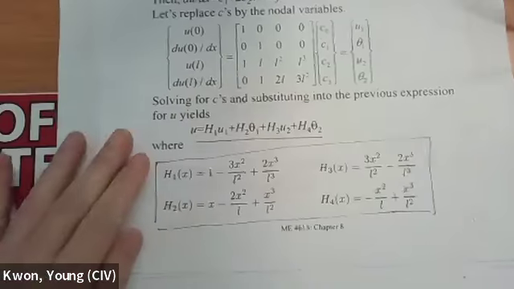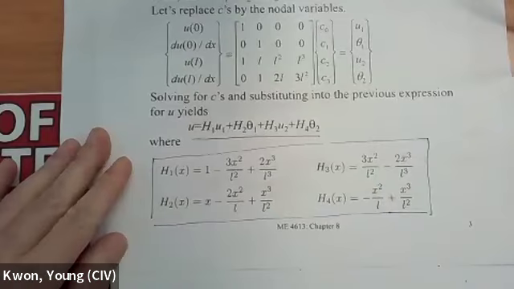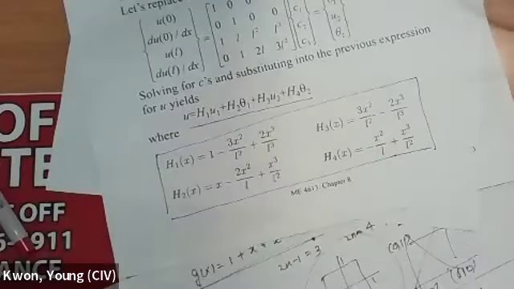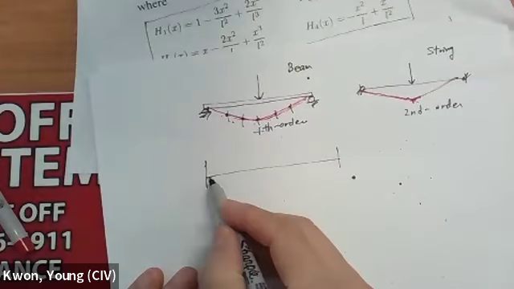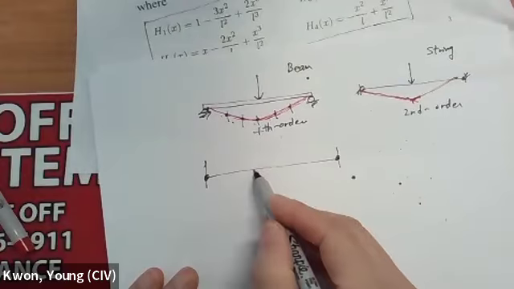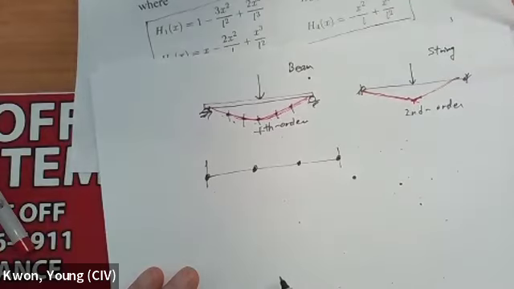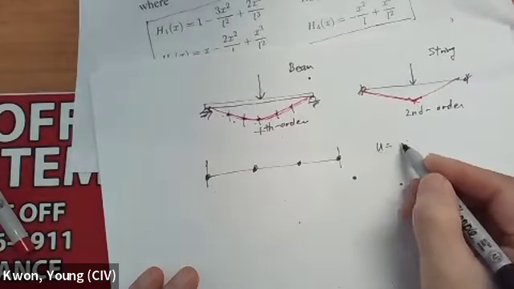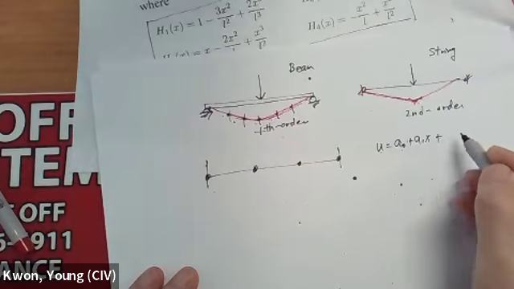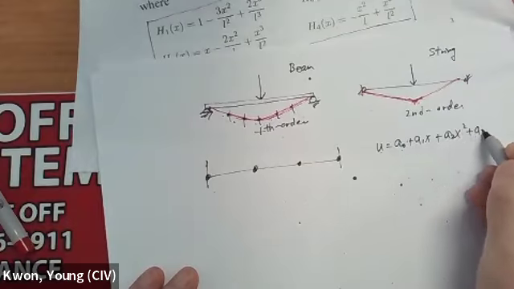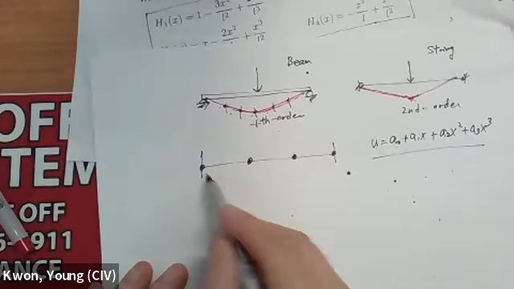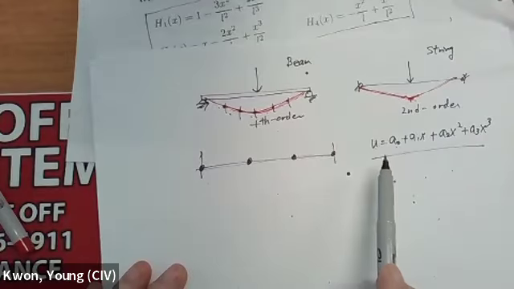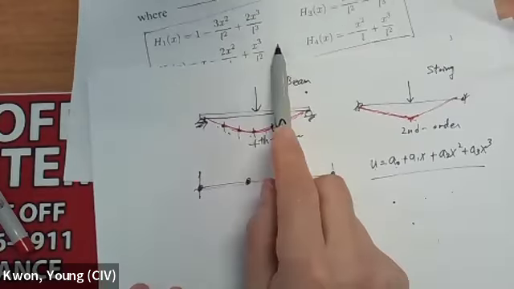Right? So this is the shape function. And this shape function is different from the one if you use a cubic polynomial in a one-dimensional problem, again 0 to L. If I use this 4-node element and a cubic polynomial, a0 plus a1 x plus a2 x squared plus a3 x cubed, then the shape function is not going to be the same as this shape function.